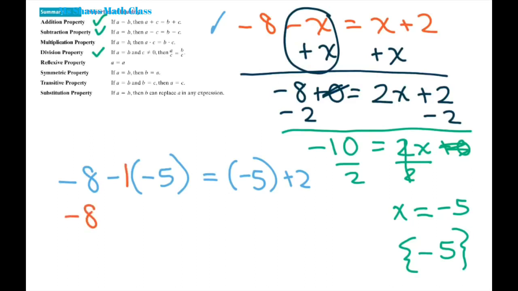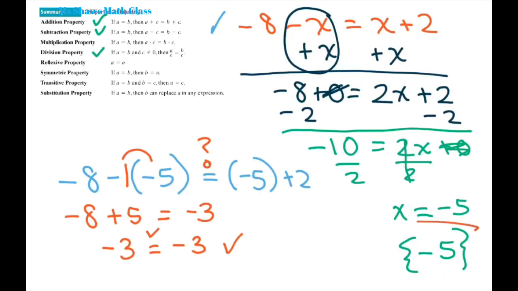That's like saying negative 1 times negative 5 is plus 5. And then we really don't need the parentheses here. Now negative 8 plus 5 is negative 3. So it does check because we're trying to see if they equal, and it does. So negative 5 is our solution.